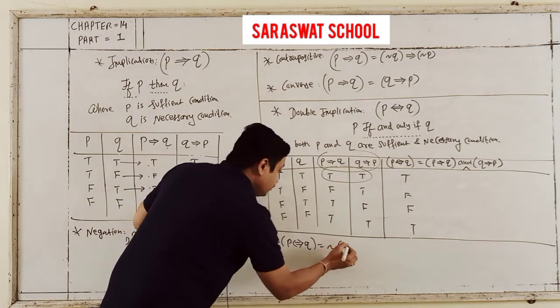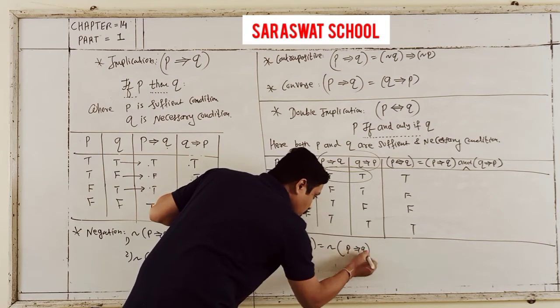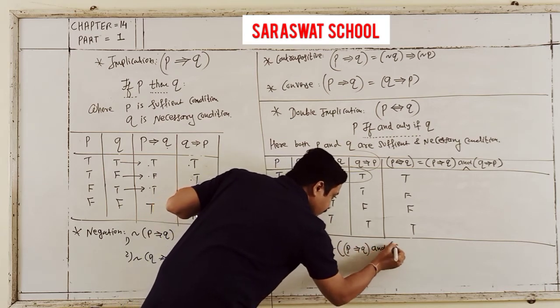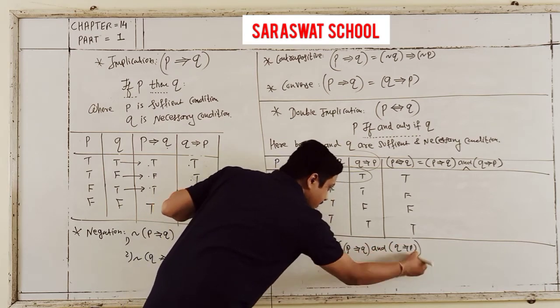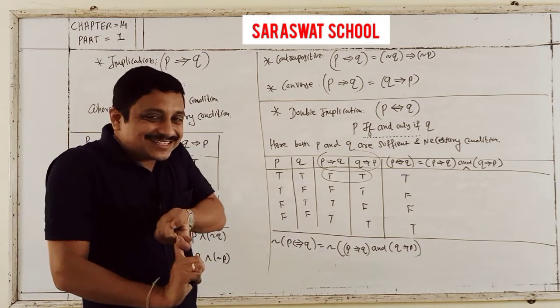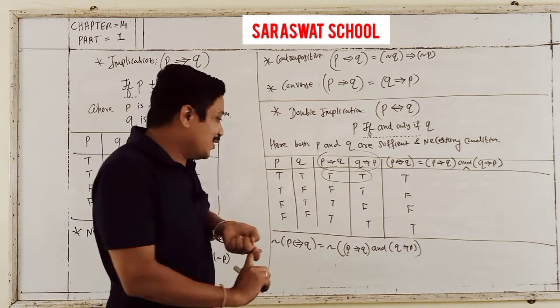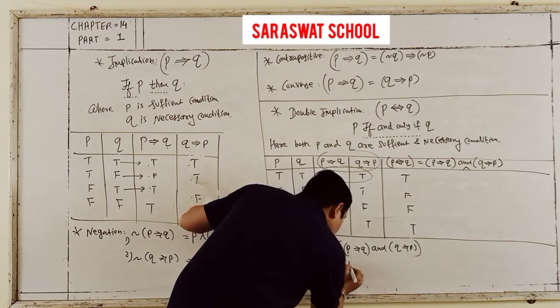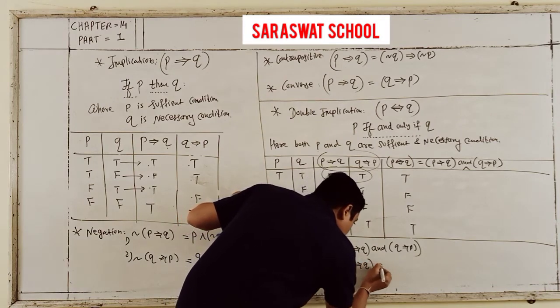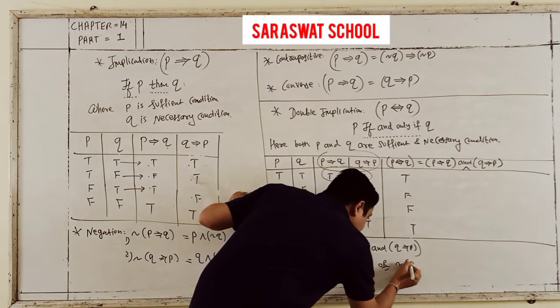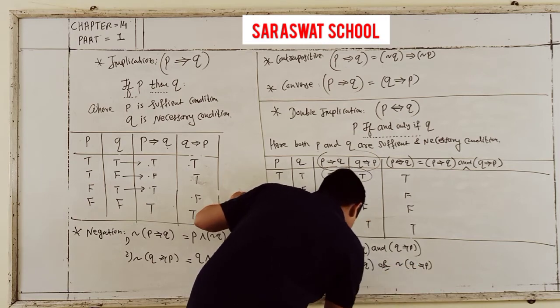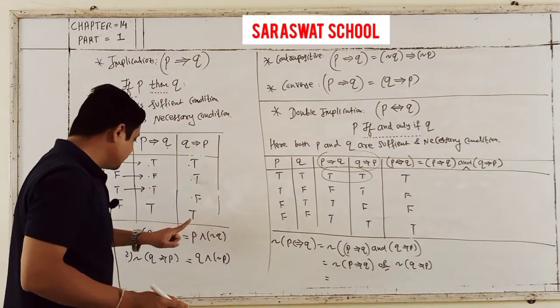Double implication means P implies Q and Q implies P. The negation, students, you can show with an or: negation of P implies Q, or negation of Q implies P. Those answers are already written here.